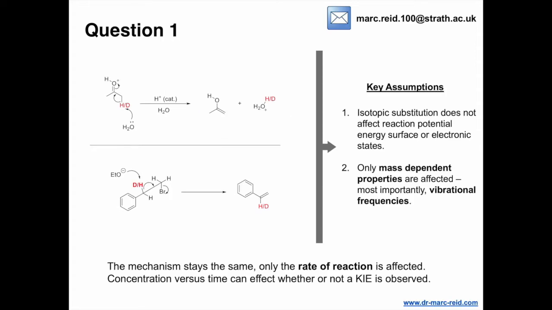So here are some thoughts on question 1 from the previous slide. Let's look at the top reaction, the bromination, first. In this case, the methyl groups on acetone were either labelled with deuterium or not.